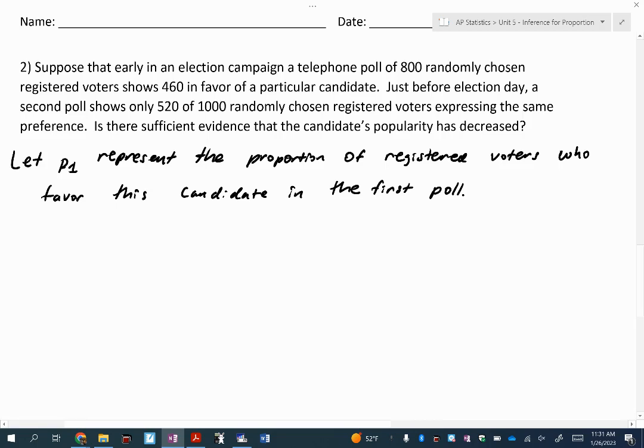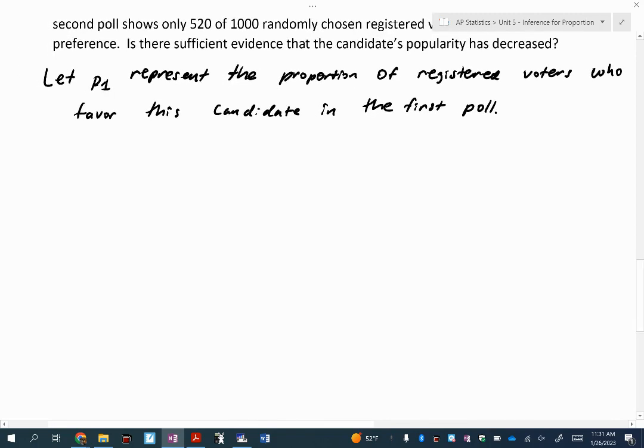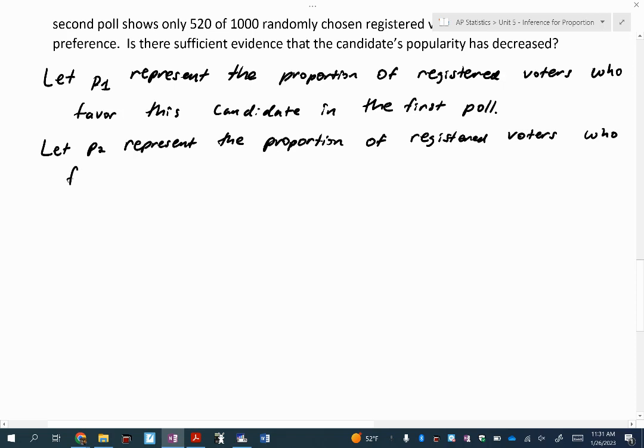So we're going to just literally copy this and change it to P subscript 2. So let P subscript 2 represent the proportion of registered voters who favor this candidate in the second poll.